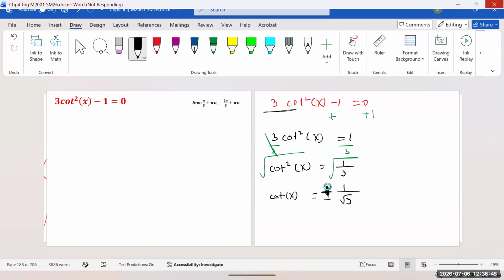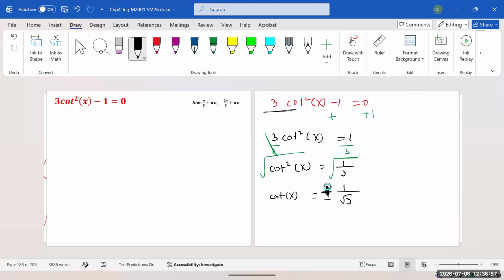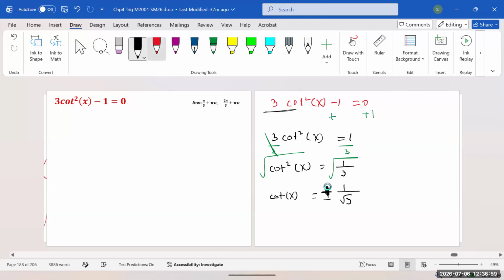Okay, now cotangent is 1/√3. In terms of a triangle, cotangent is what over what? Cotangent is the opposite of tangent, right?